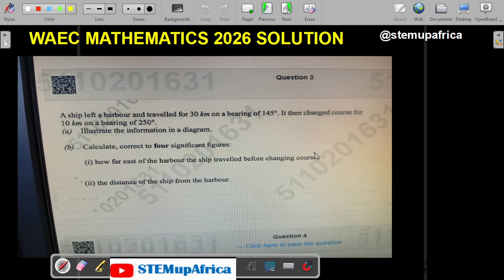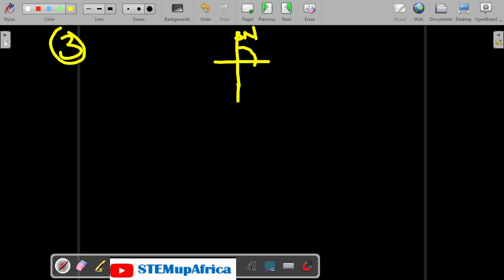So the first leg the ship traveled was 30 kilometers on a bearing of 145. So let's draw that. Let's say the ship starts from here. Here is now the north. All bearings must come from the north. So from here to here is 145, which falls in the second quadrant.